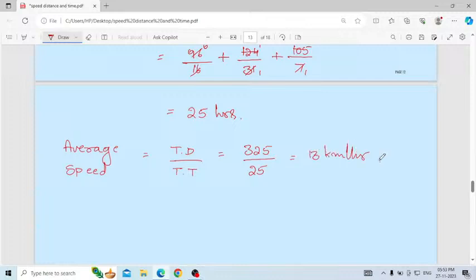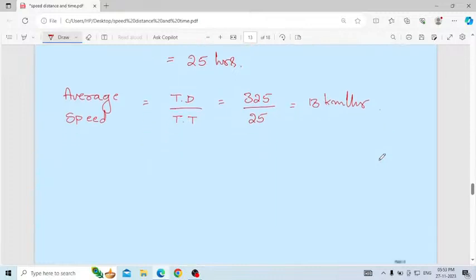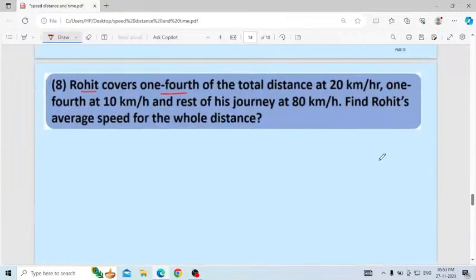Very easy question. No need to explain more. I will go fast. Very, very easy question. Next question. Two more questions are there. I will move it fast.